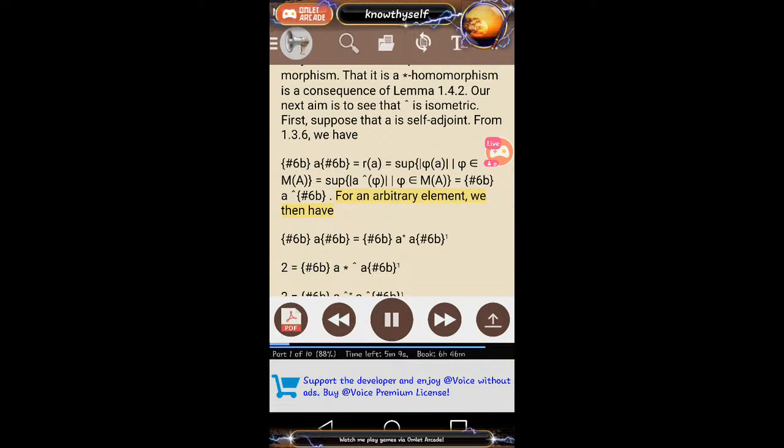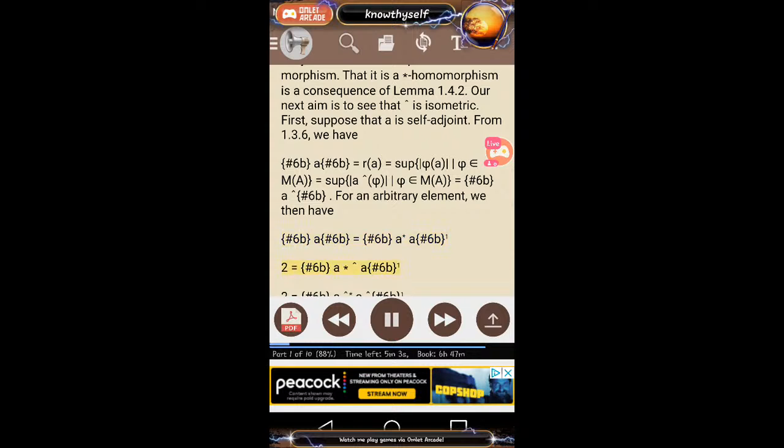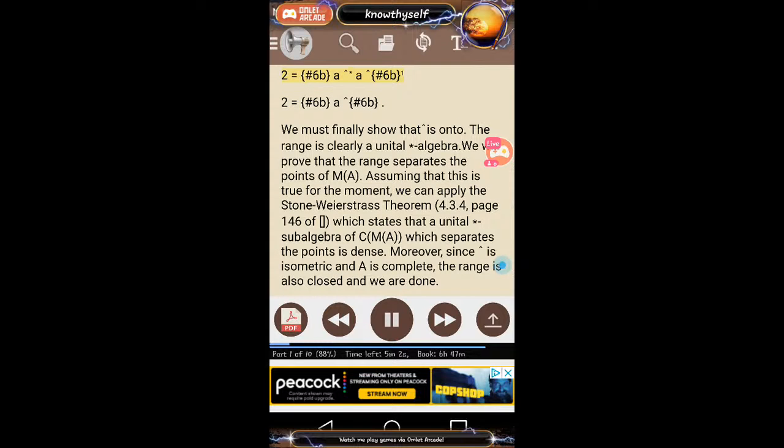For an arbitrary element, we then have ‖â‖² = ‖â*â‖ = ‖a*a‖ = ‖a‖², so ‖â‖ = ‖a‖.